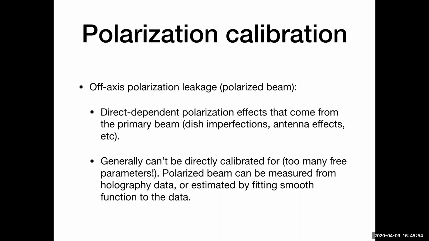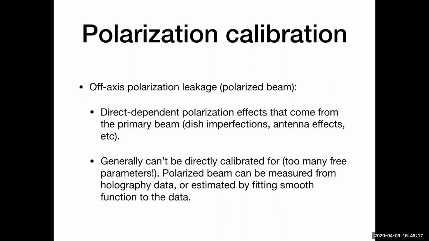And then seeing how the response changes as a function of moving through different parts of the beam. So you can basically map it out that way, hope it doesn't change over time, and then create a model and then apply that to your data, to all later data. That's one way, and that's sort of the most common.